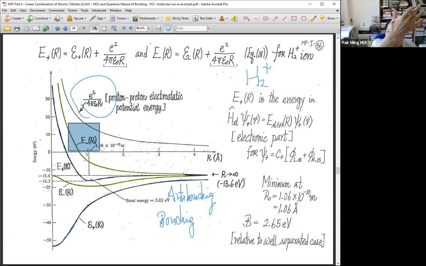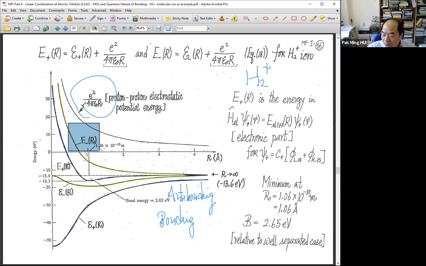The second one, we don't see the minimum. That's why we have this funny word called anti-bonding. It is just for this particular case. There are other cases where there is also a minimum in the upper curve. It has to do with what atoms are forming the molecule, okay?